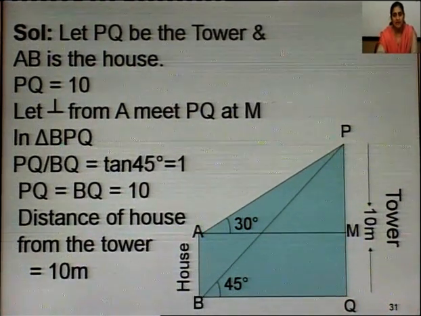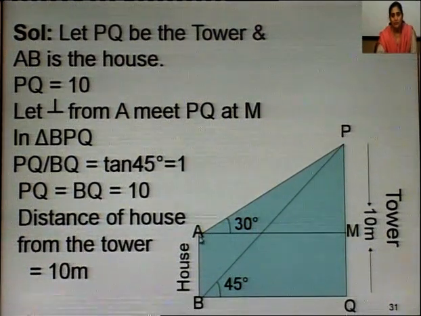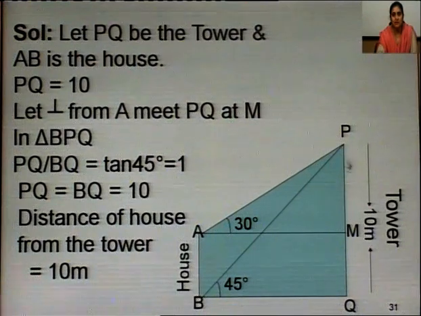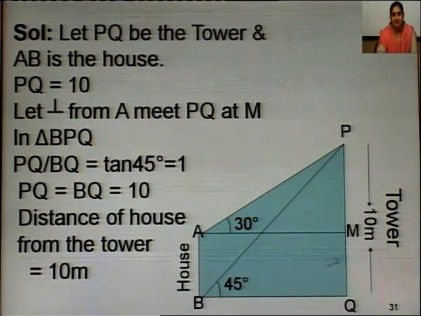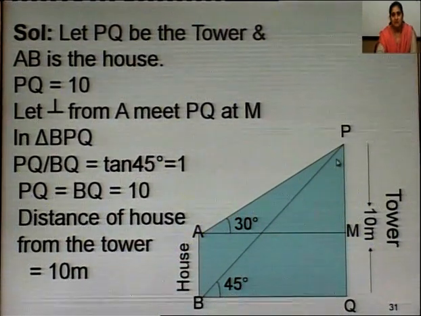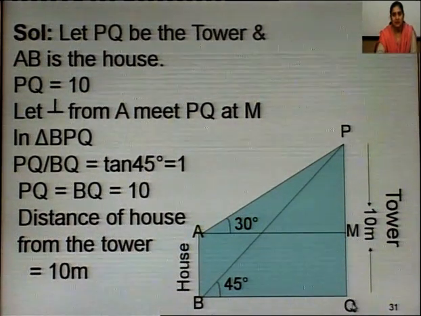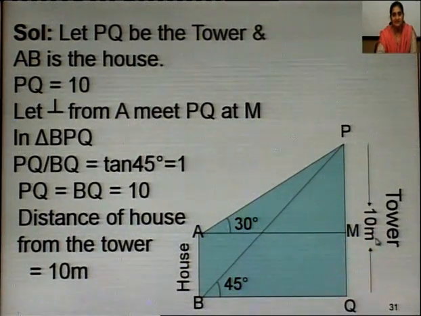Now, take PQ as the tower and AB as the house. PQ length is given as 10 meters. Now, take a perpendicular from A which meets PQ at point M. Now, consider triangle BPQ with angle 45 degrees. As the angle is 45 degrees, PQ is the same as BQ, since perpendicular is the same as base when the angle is 45 degrees. So, BQ length is equal to 10, as PQ is given as 10.